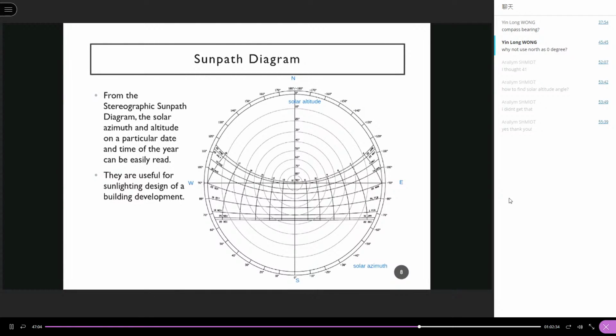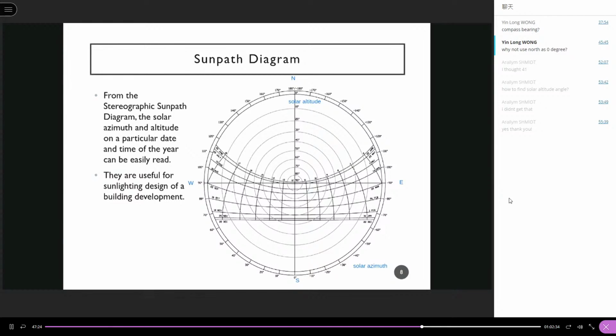Every point on the sky hemisphere can be located on this sunpath diagram. And then on different dates in the year, we may plot the sun path on the diagram. I know that the text on the PowerPoint is quite small, so you may need to zoom in to see clearly.